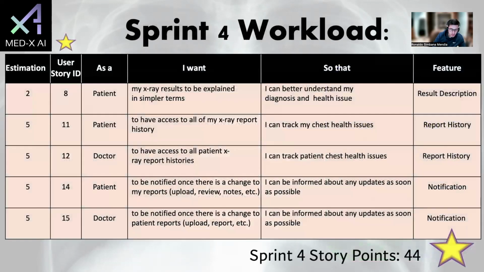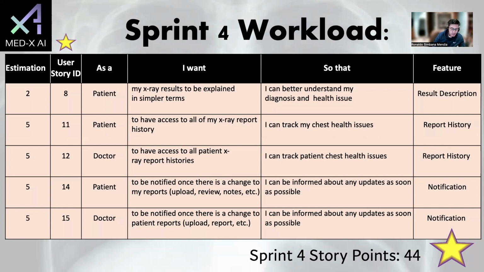Okay, now for the sprint workload, we have established a total of 44 story points projected for our next sprint, and you can see there's a star listed at the bottom, which was the column that was added based on professor feedback.